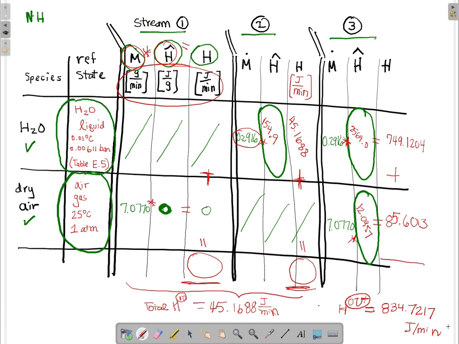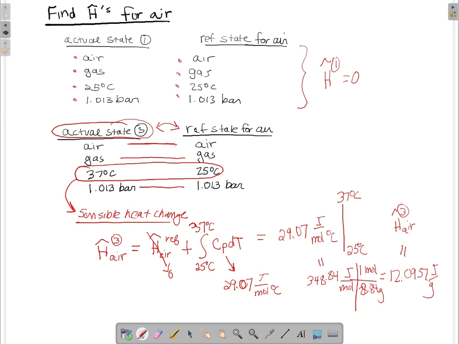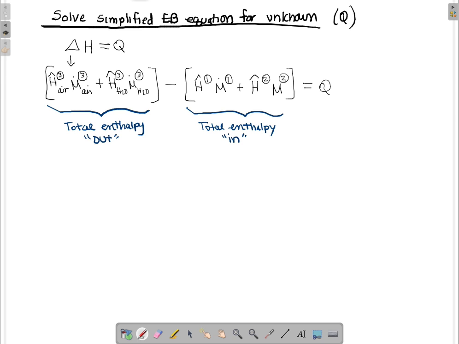So now we have all the information we need to use the simplified energy balance. Here is the simplified energy balance for this problem. We mentioned before that delta H equals Q, but delta H is a very concise way of expressing it. You have to break it up into the individual species flow rates and specific enthalpies in each stream.